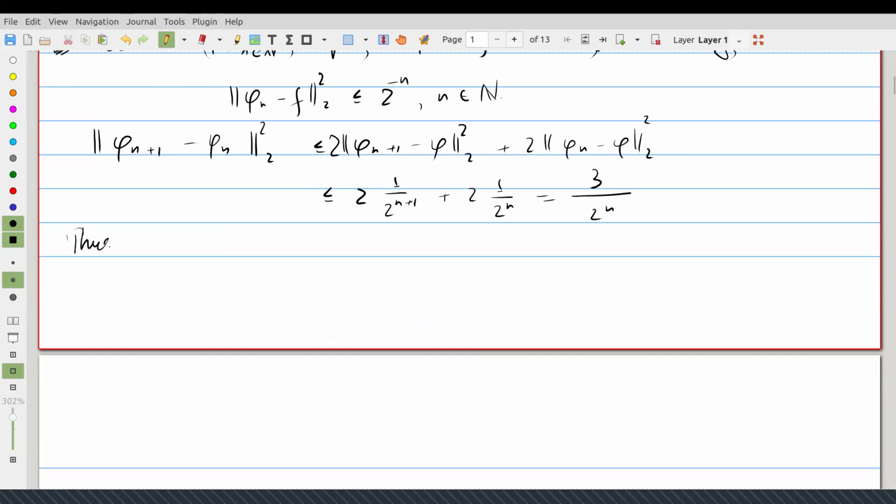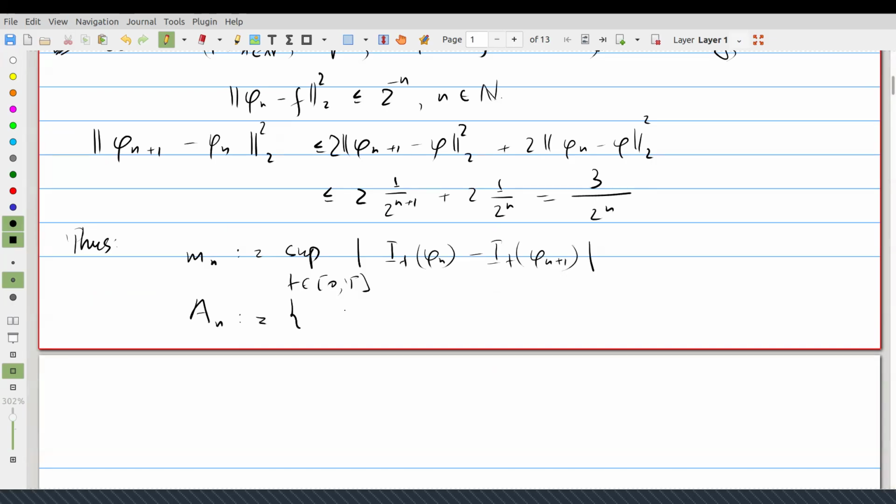And thus, let me introduce such expressions. M_n is the supremum over t going from 0 to T of the difference of these two stochastic integrals. And A_n is the event that this difference is greater than 1 over n squared.